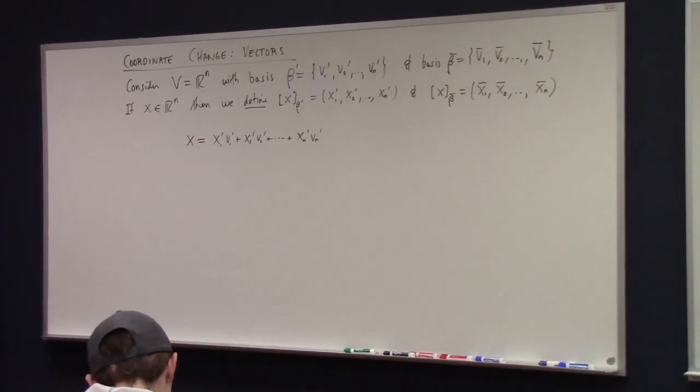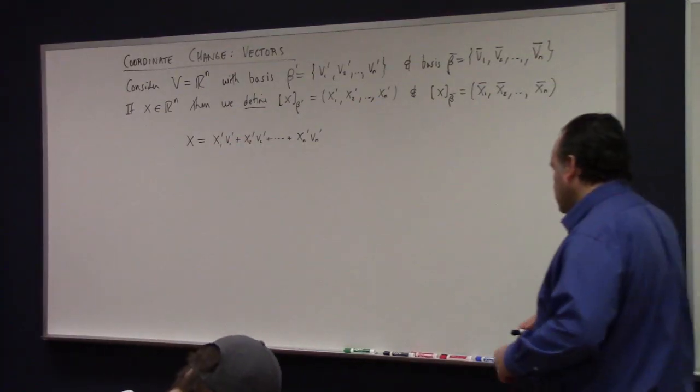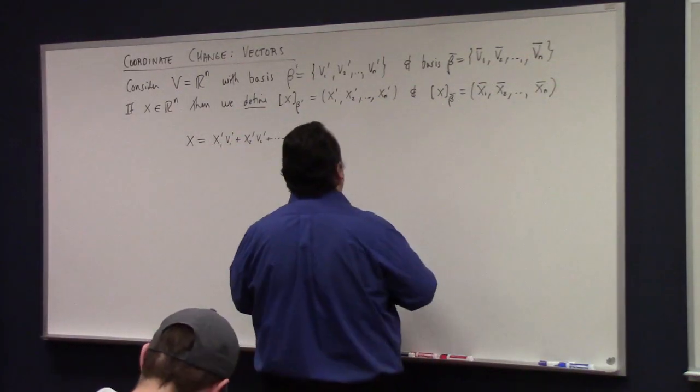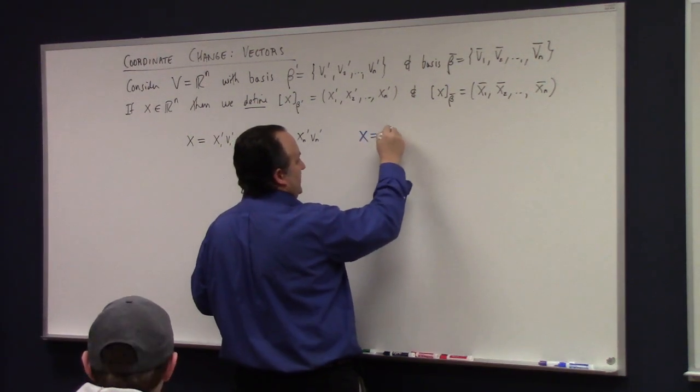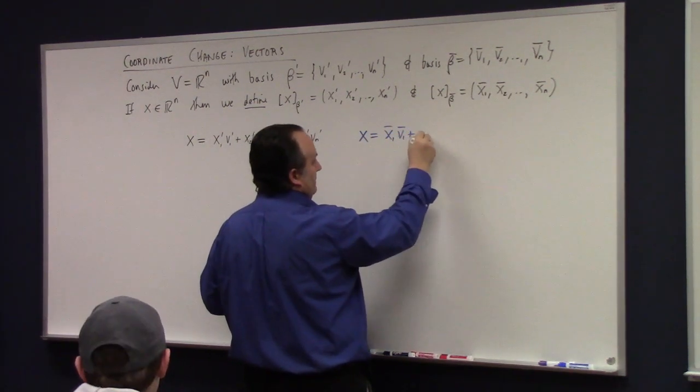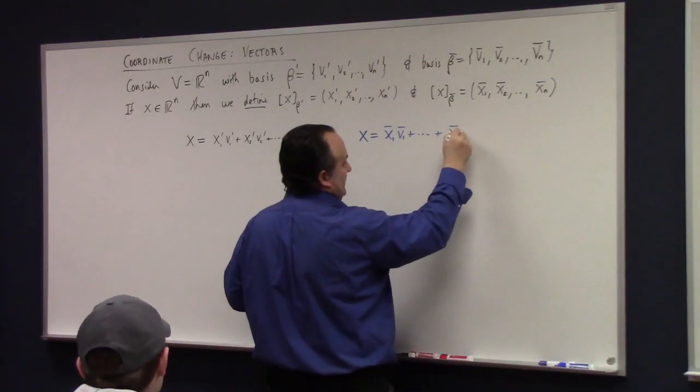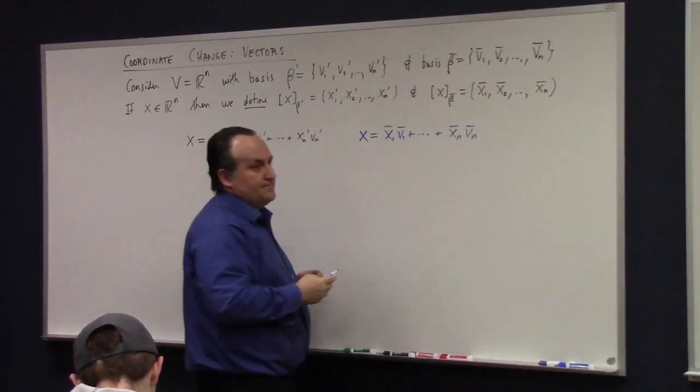It means that you can build the given vector, in this case x, as a linear combination of the basis vectors in that way, right? And of course, we also have x is equal to x bar 1 v bar 1, all the way on out to x bar n v bar n, right?